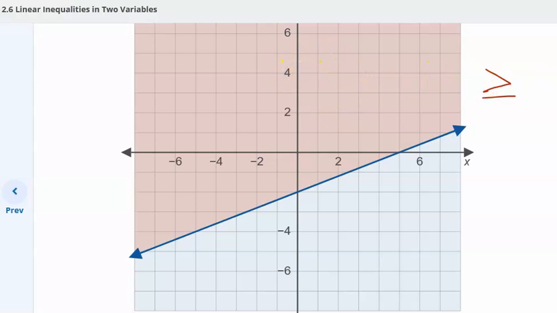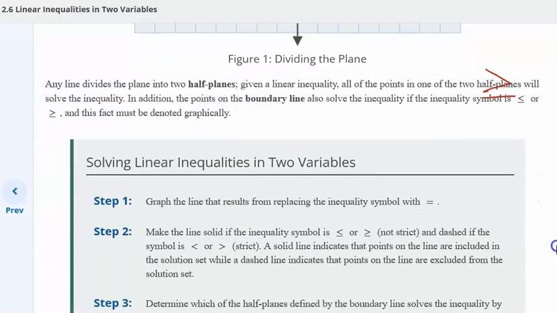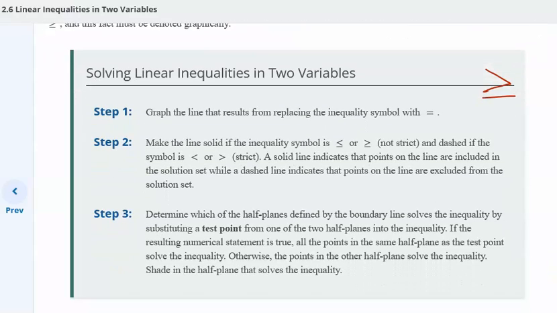And we'll go over that detail again as we continue our lesson. And here is the protocol. One of the things we often use is what is called a test point, to see if this test point is in the region of solution. And you can pause here and go over these.